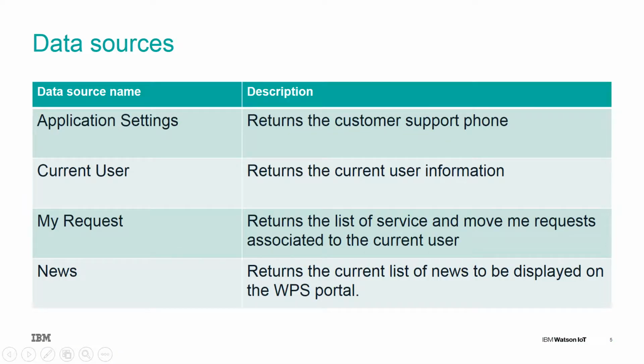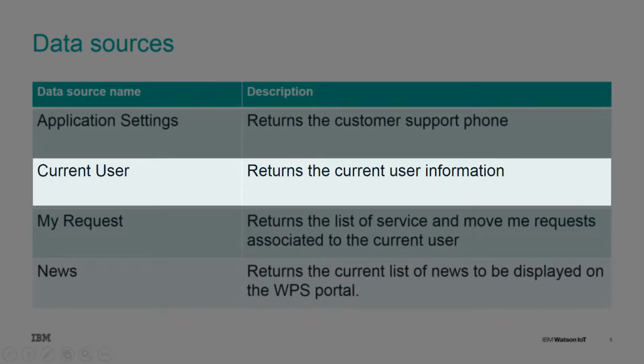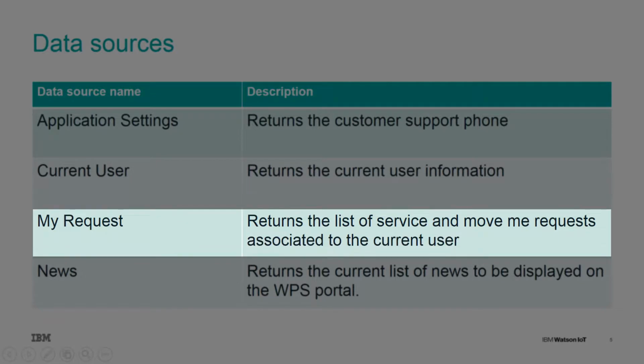Regarding the data model used by the portal, we have 4 main data sources. The first one, called Application Settings, will return only the customer support phone number that will be displayed on the portal. There is a data source to get the current user information like time zone, date format, and etc. The My Request data source returns the list of services associated to the current user.